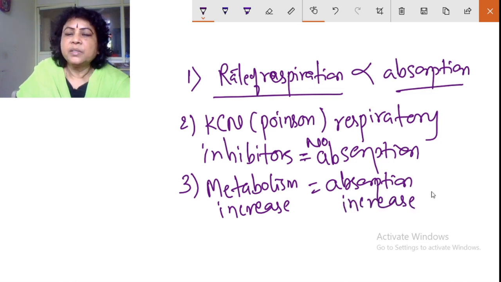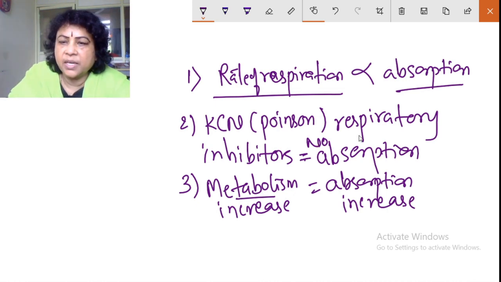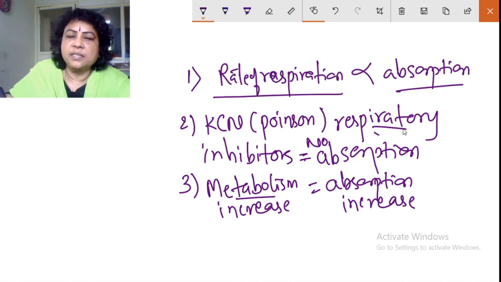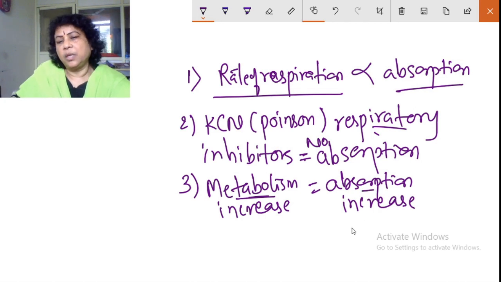Metabolism increasing means respiratory energy is necessary for the metabolism. So as the respiratory energy increases, the metabolism rate increases, and as the metabolism increases, the absorption also increases.